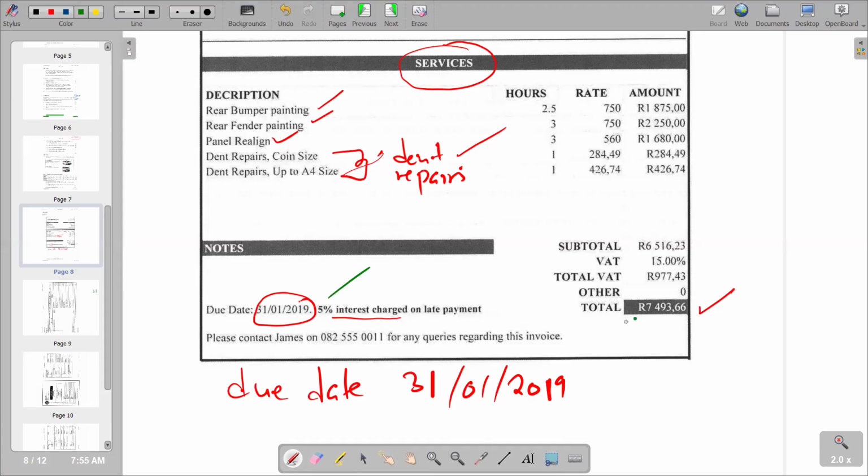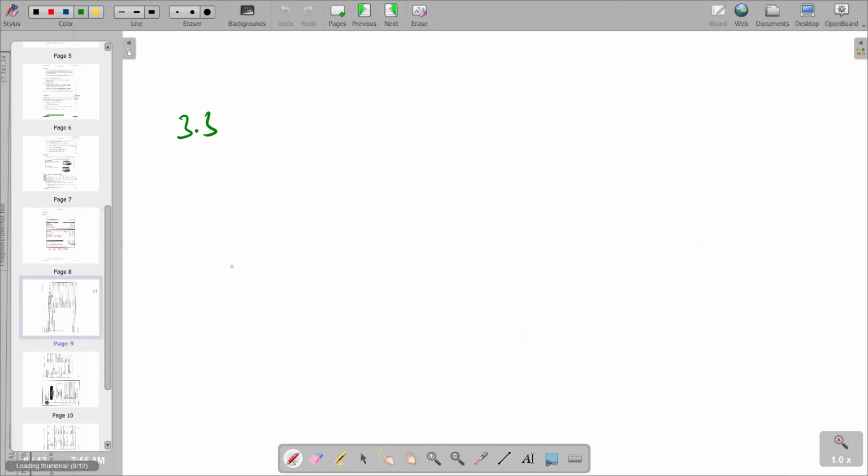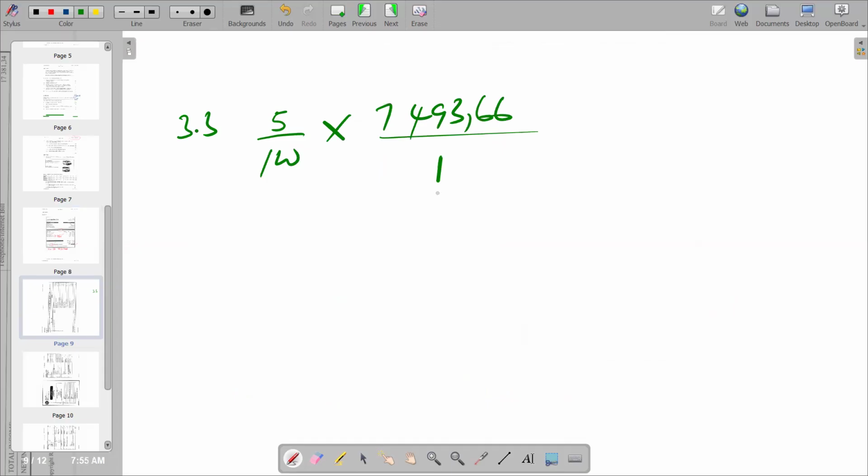So you say 5% of the total amount due, R7,493.66. So on our answer section, we are saying 5%, which is 5/100, and then we multiply by 7,493.66. Then we try to calculate and see what we get there.